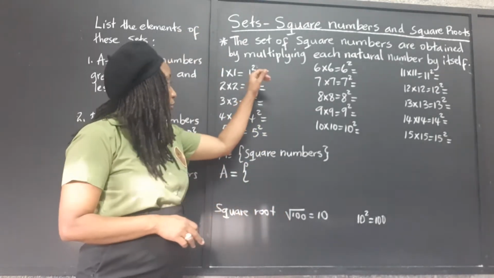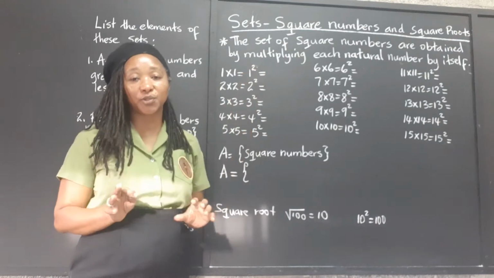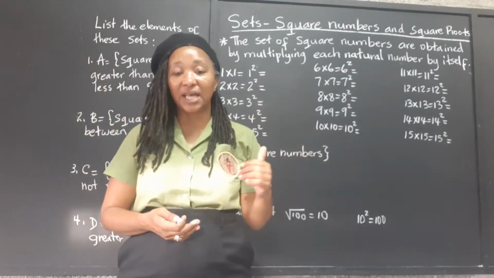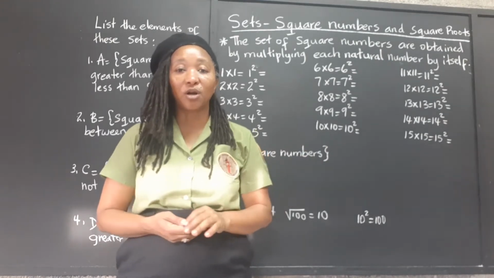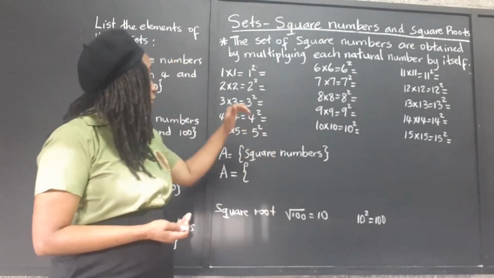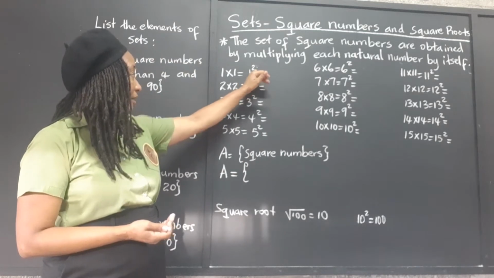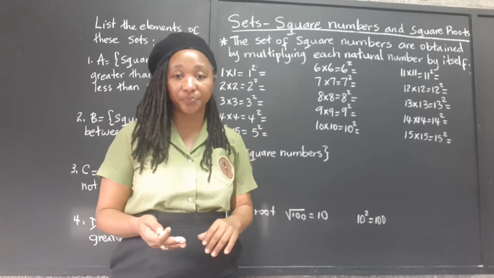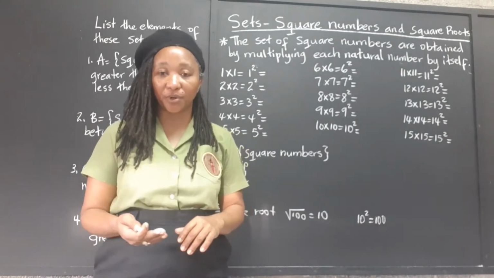This little 2, the small 2 written to the upper right hand side of a number, we call it square. So we read this as 1 square, 2 square, or 1 to the second power, 2 to the second power.